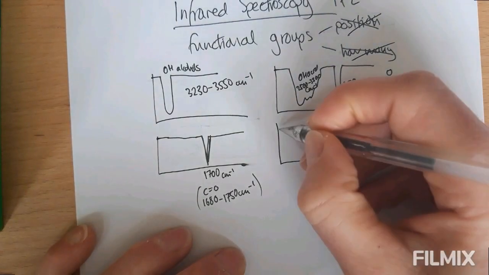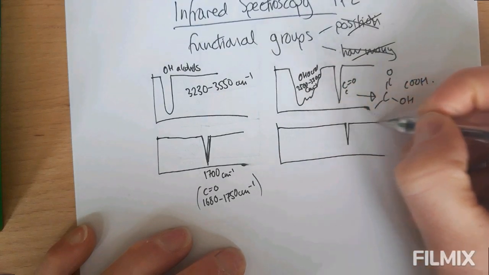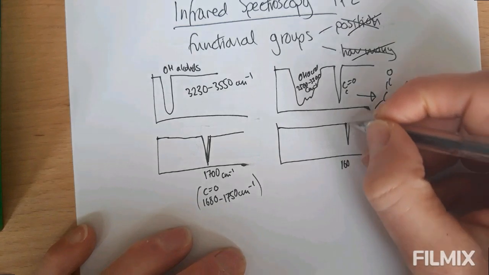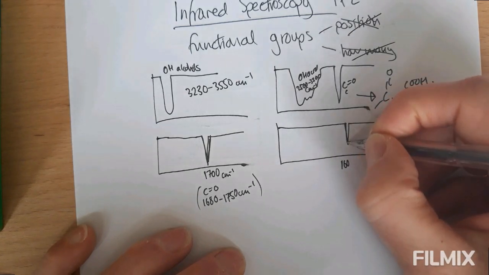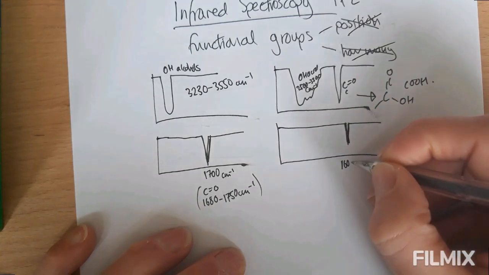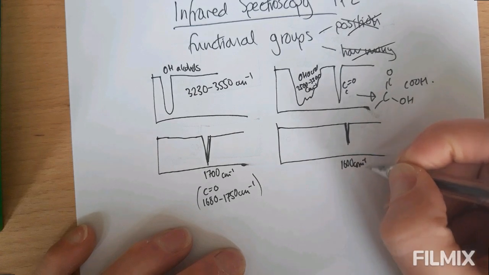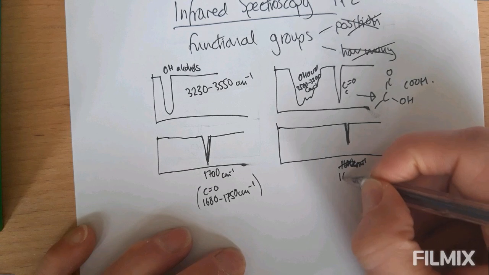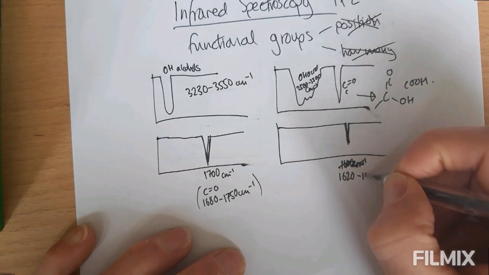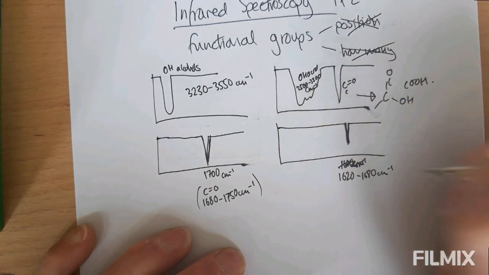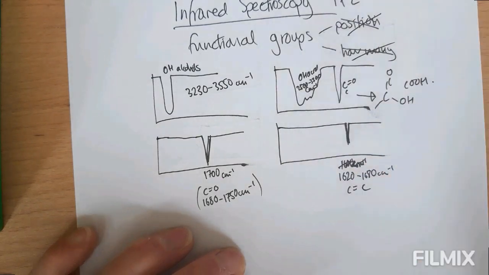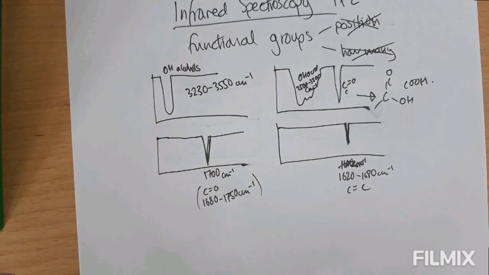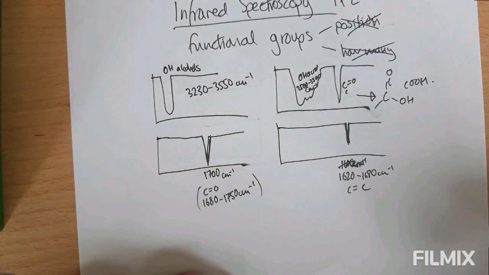And then finally this needle at 1600, which doesn't go all the way down to the line. It's often very sharp, 1600 centimeters to the -1, or actually, what does it say on the data sheet? 1620 to 1680 centimeters to the -1, and that is typically an alkene. So these are the 4 that I look out for, because they are the most informative.